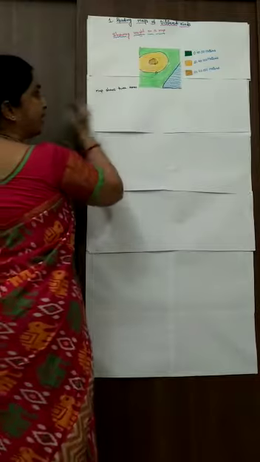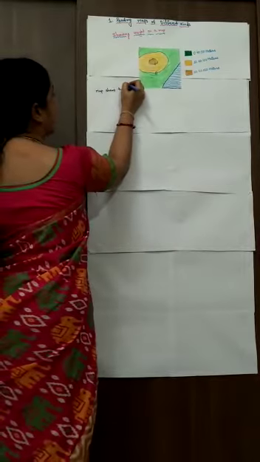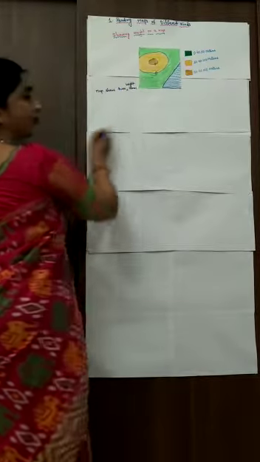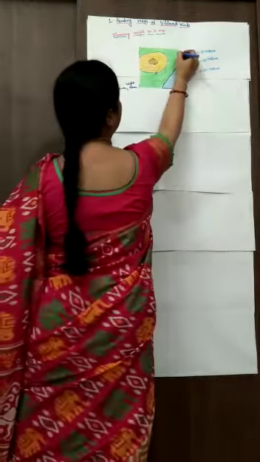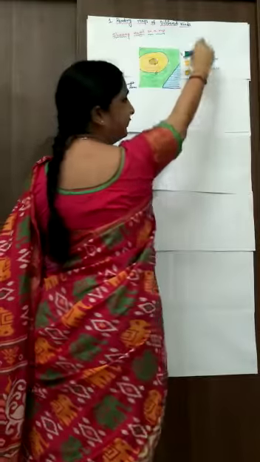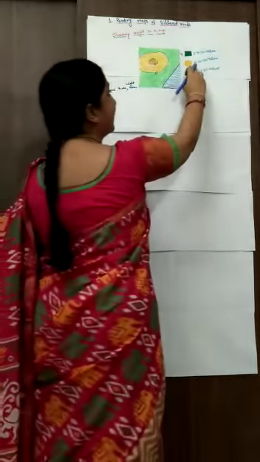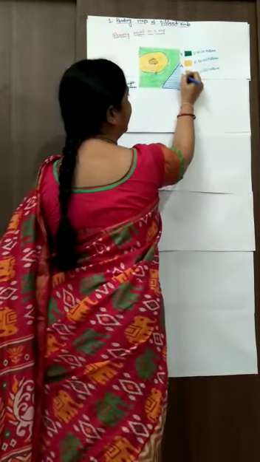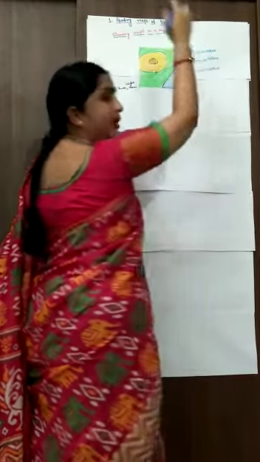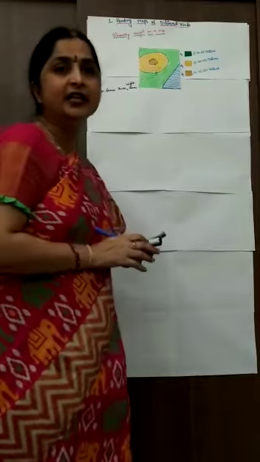The three height zones. Yes. The first one is 0 to 50 meters. The second is 51 to 100 and the third is 101 to 150 meters.